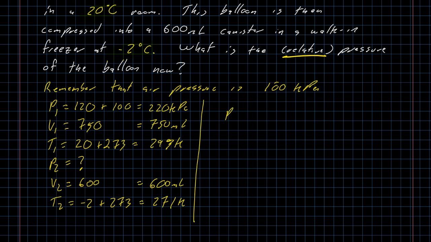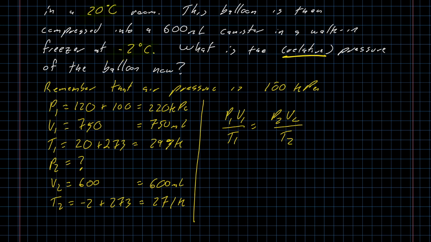And with all of that, P1 V1 over T1 equals P2 V2 over T2. I can rearrange and solve for P2 right away if I want to, and I think I will.